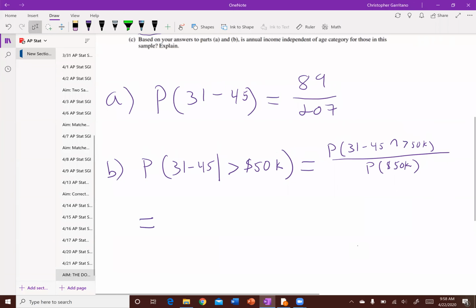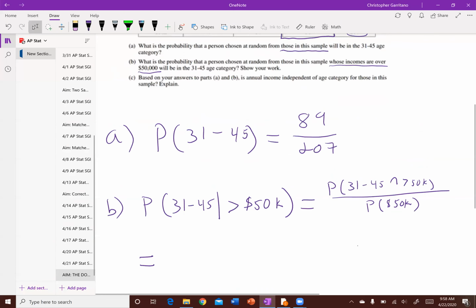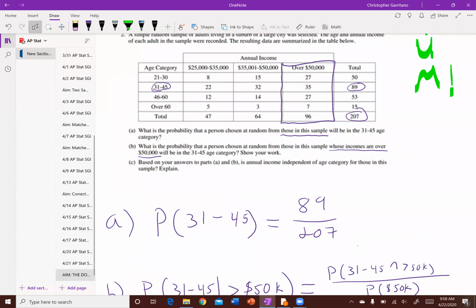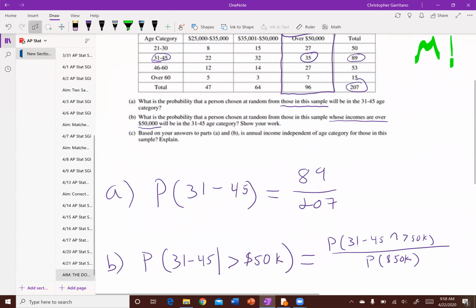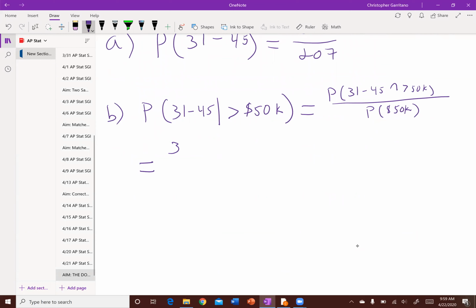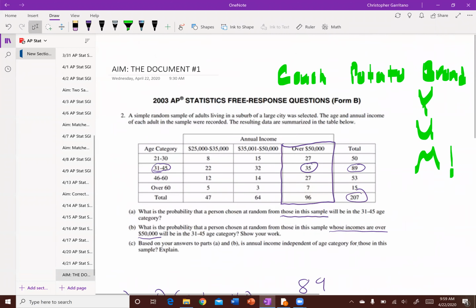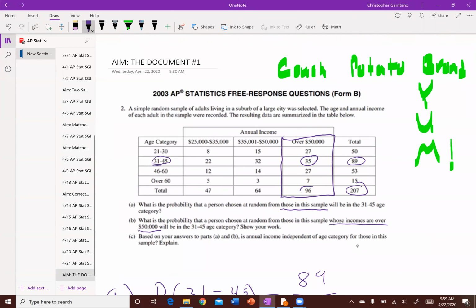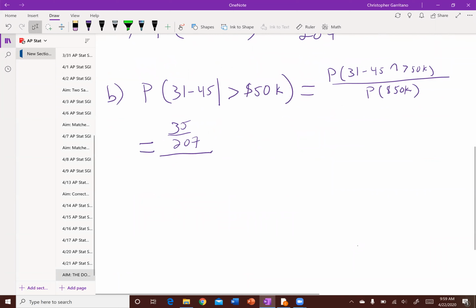So let's take a look. 31 to 45 and 50K, that probability is 35 over 207. And the probability of 50K is 96 over 207.